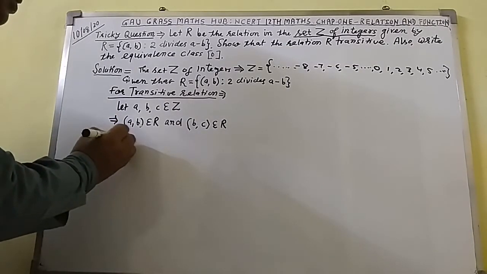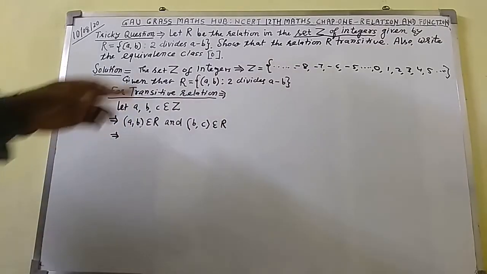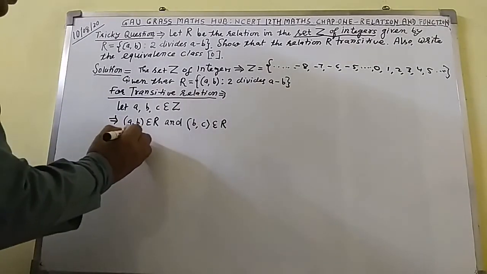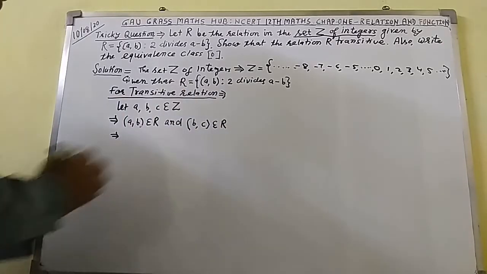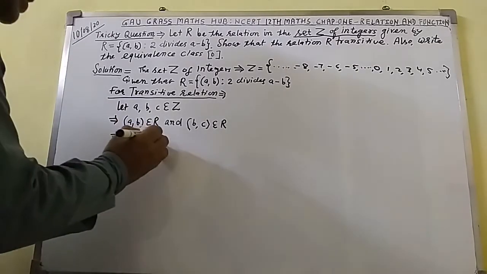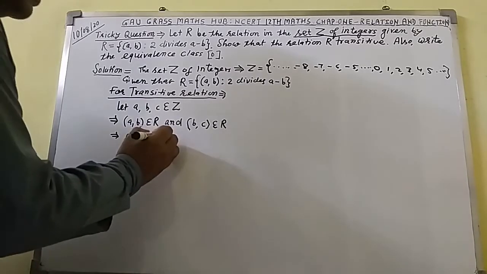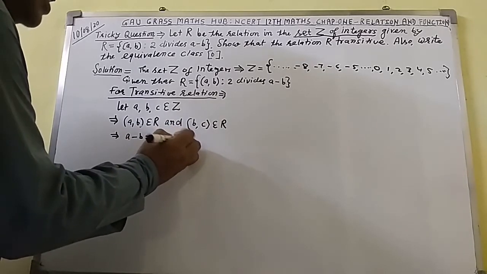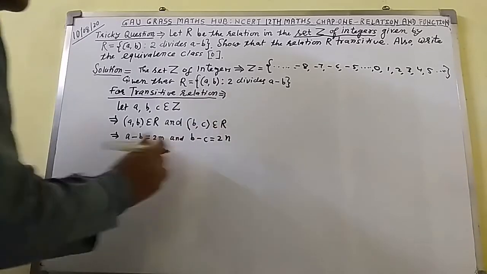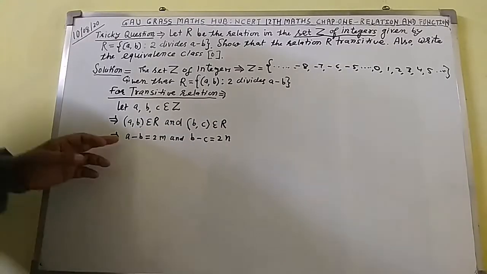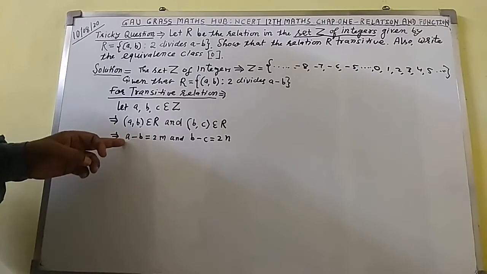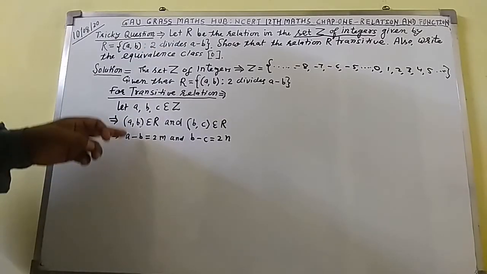So here I can write, from the ordered pair, a minus b. It says 2 divides a minus b.